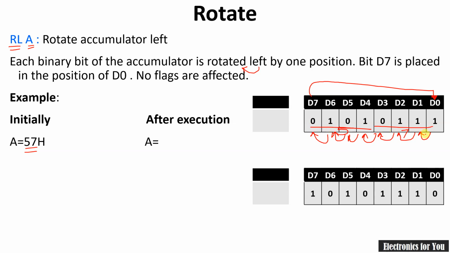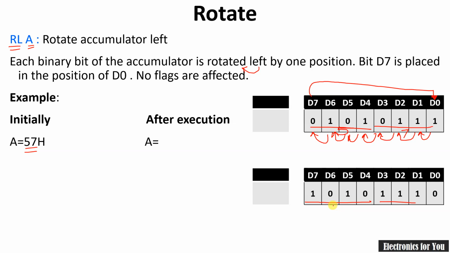Here you can see clearly that 1 0 1 0, the first 4 bits are there, and later these bits are 1 1 1, and this D7 bit is shifted to D0, that is 0 here.